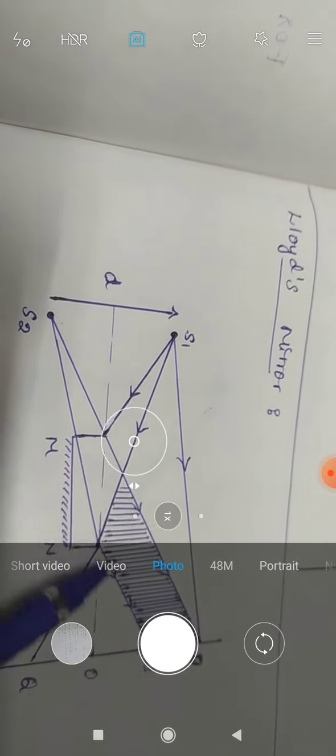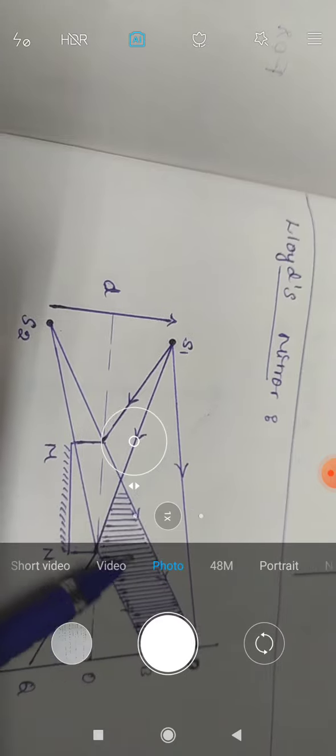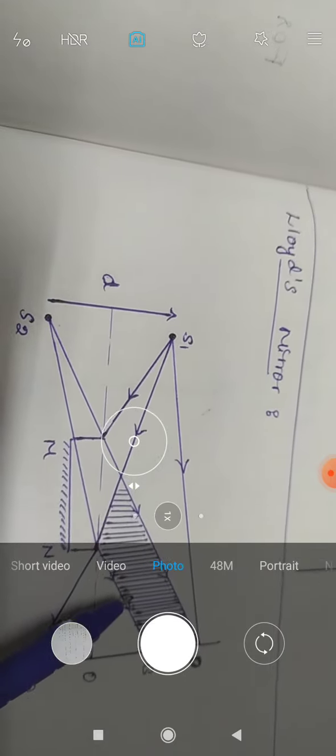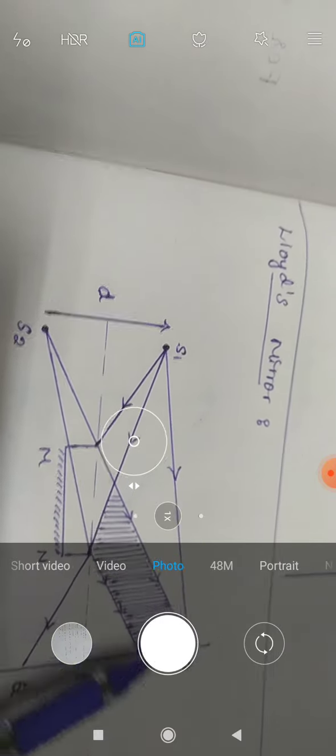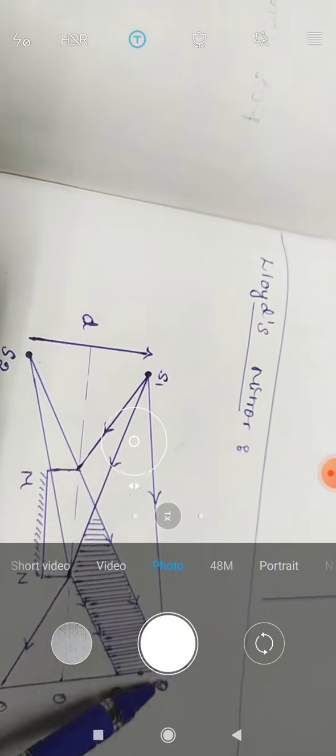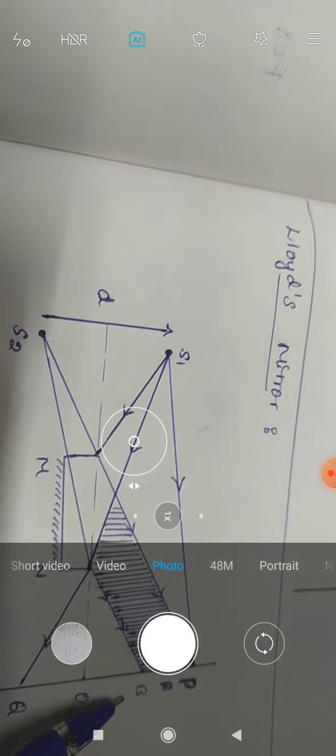This is the overlapping region PB. Here we get the interference pattern due to the superimposition of PS1Q and PS2B.